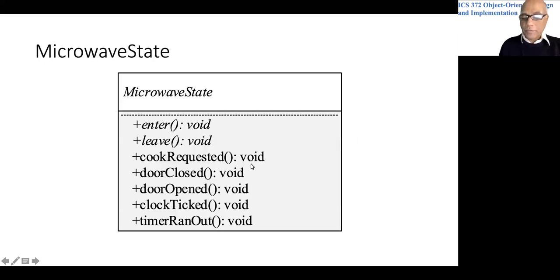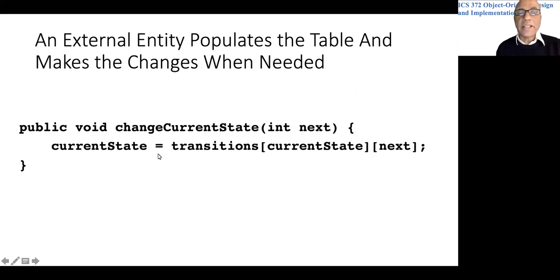Whereas in the other case, the context gets to know what the next event is and then decides what the next state should be based on the current state and the event. So those two are different ways of changing the current state.